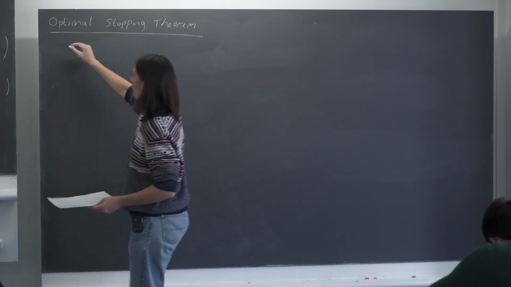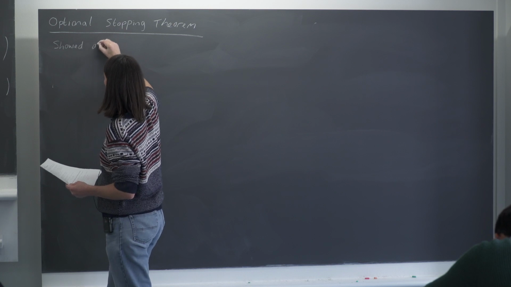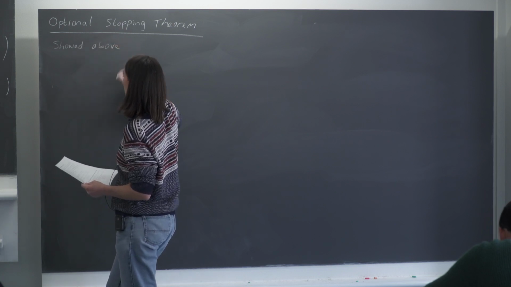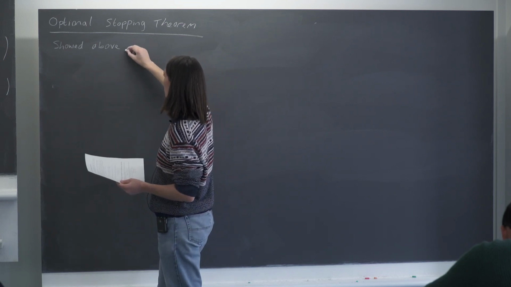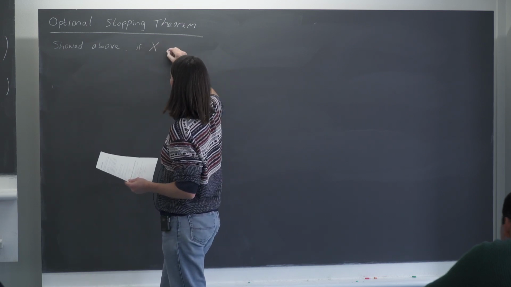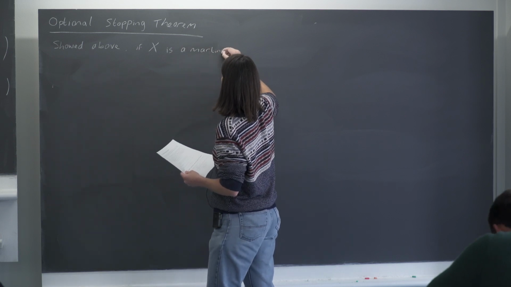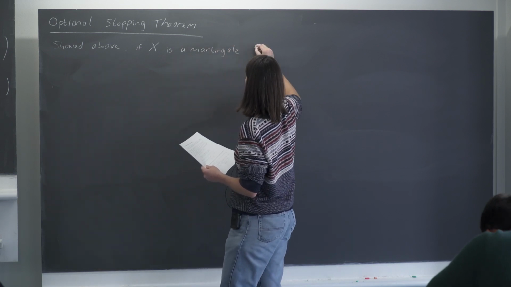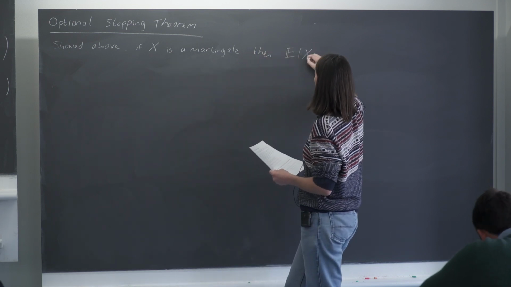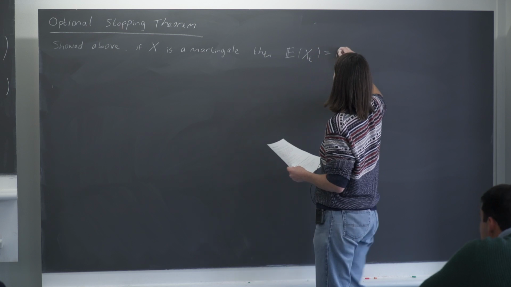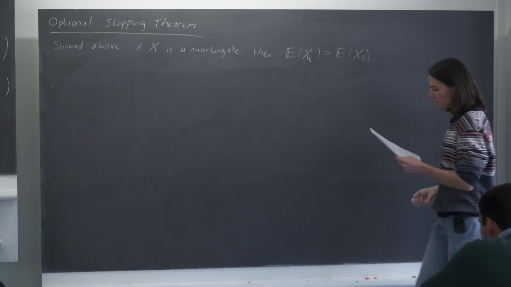Okay, so we showed above that the expectation of a martingale is constant in time. So if X is a martingale, then the expected value of X_t is equal to the expected value of X_0.